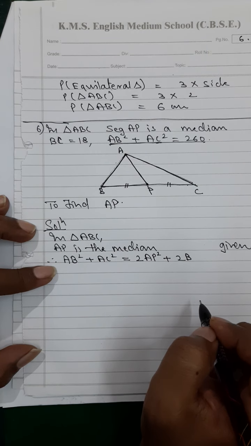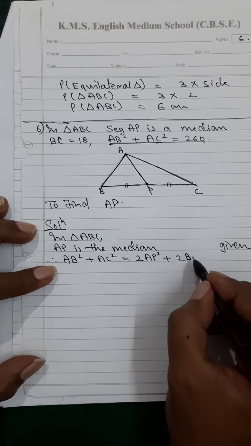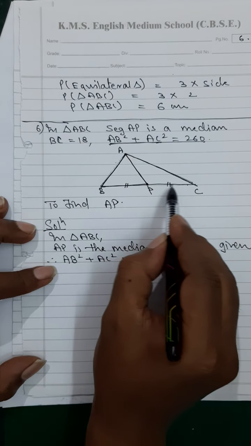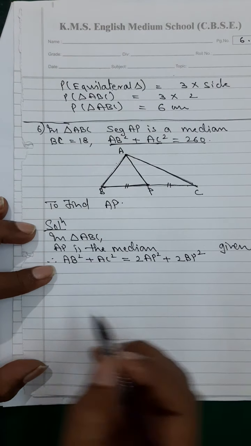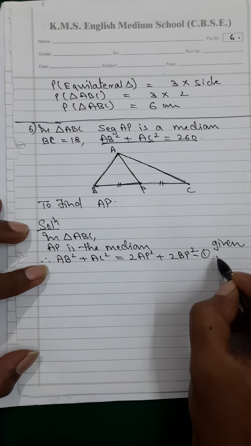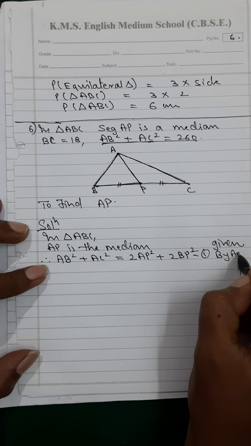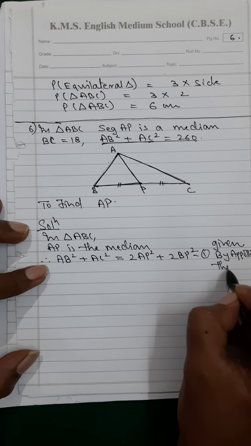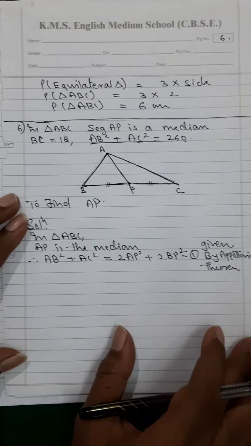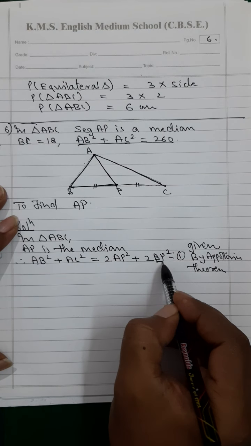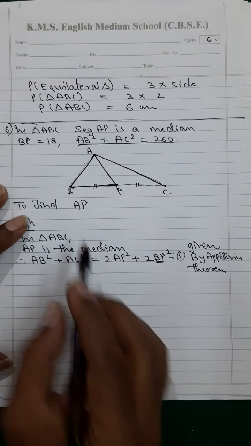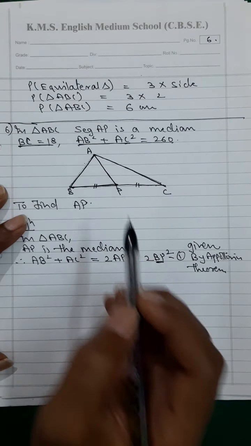But the problem is that they have given me BC and I want BP. We should have actually kept this BP ready, but it's okay, we forgot to do that. We can even now keep it ready because they have given us BC, they have not given us BP.